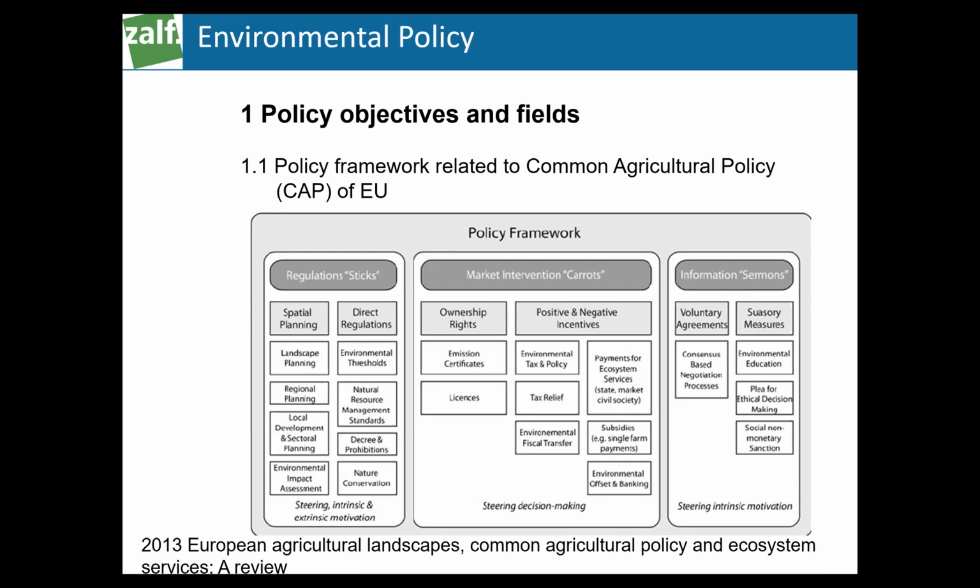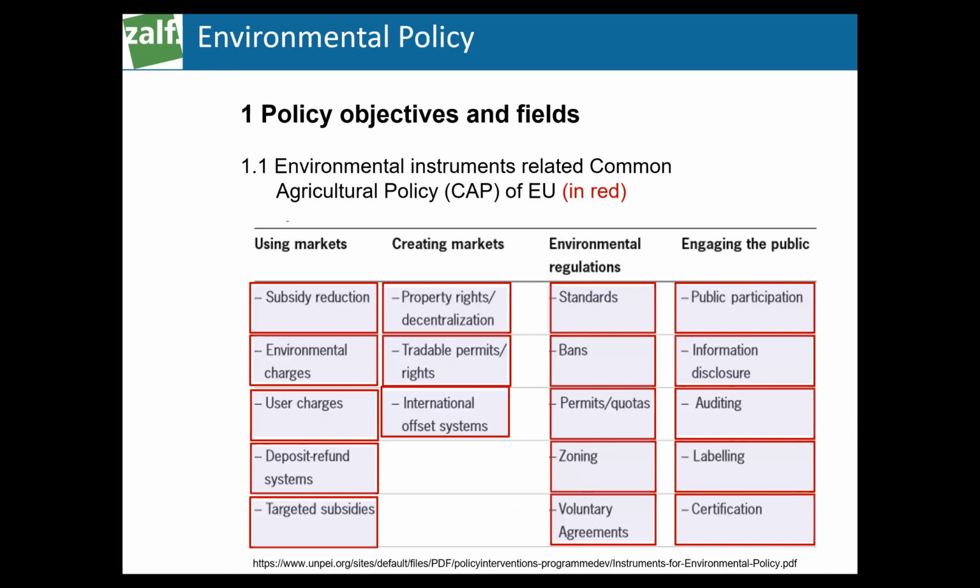The carrot is to set incentives on certain behavior or certain obligations, and this is costly, and there are also control costs involved. And the stick is the do not do this, and if you do this, there's a fine involved. If we look at those, we can use the market system, we can intervene in the market systems in a sort of classification.